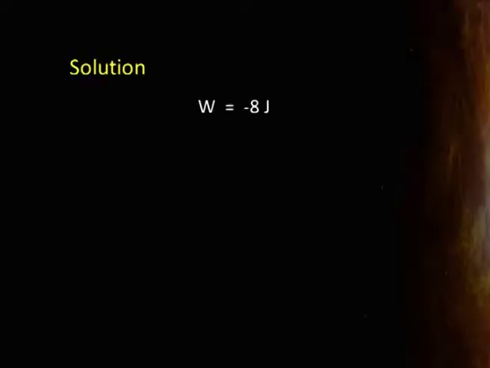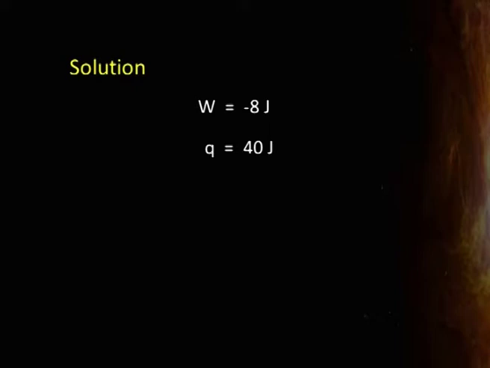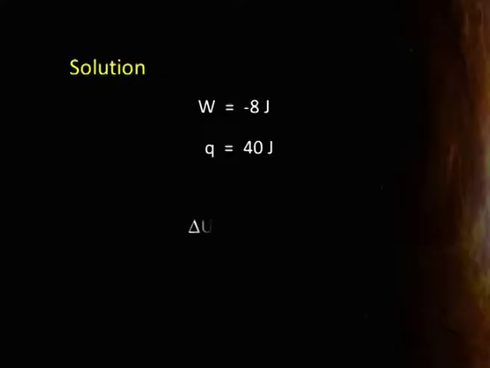Here work is done by the system, hence it will be minus 8 joules, and heat is absorbed by the system, hence it will be plus 40 joules. According to first law of thermodynamics, delta U or delta E is equal to Q plus W. Therefore, delta U equal to 40 minus 8 joules, that is 32 joules.